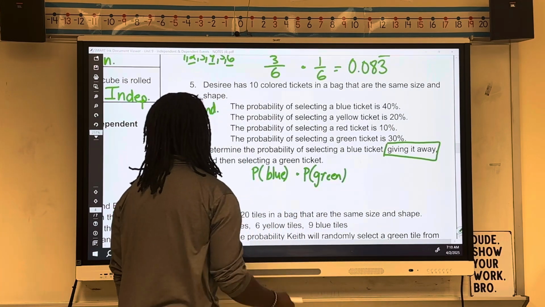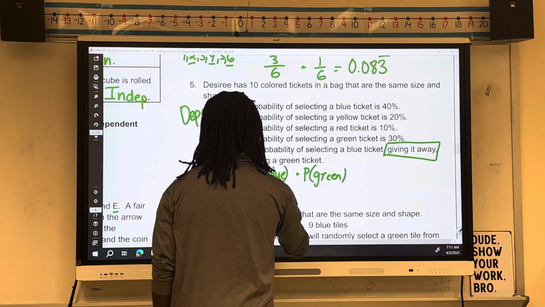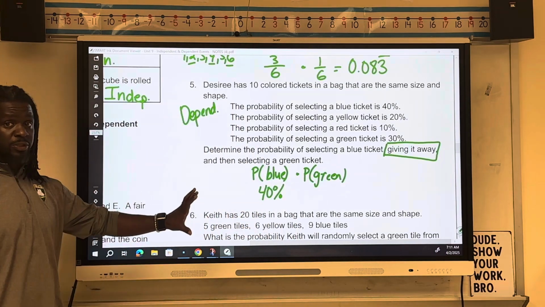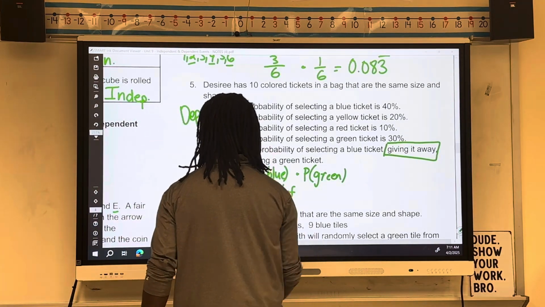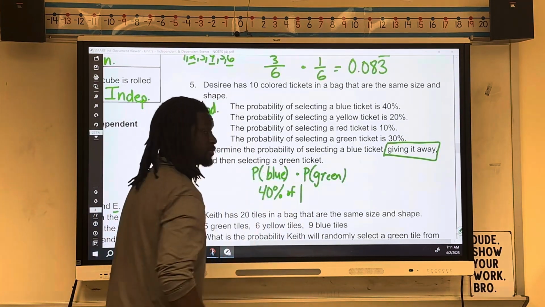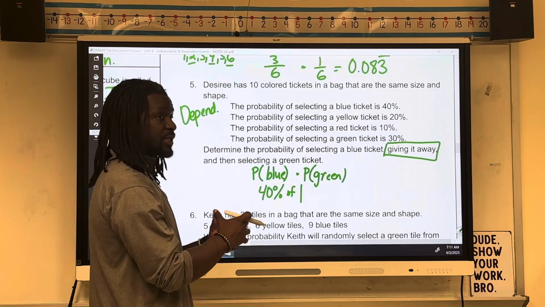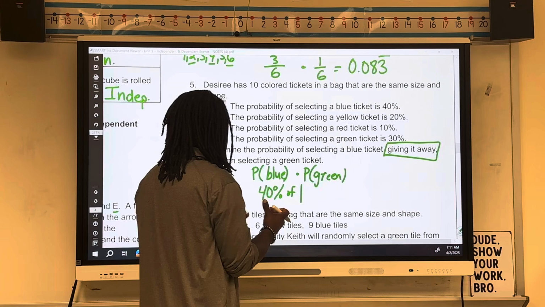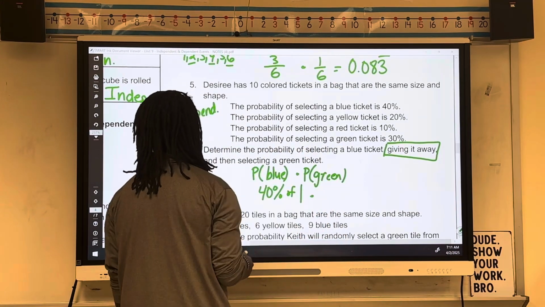Okay. So the probability of getting a blue ticket is 40%. Now, when you put 40% into Desmos, it's going to ask you of what? And we just need to say of 1, right? Because when you have probability as a percentage, it's out of one whole.